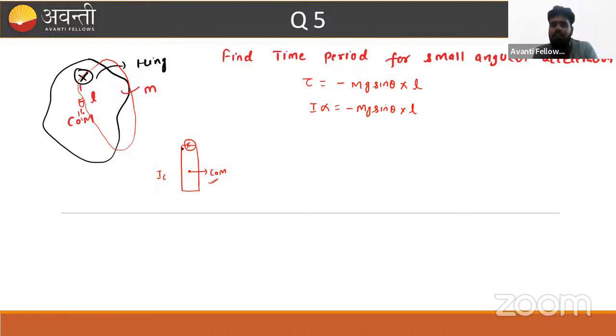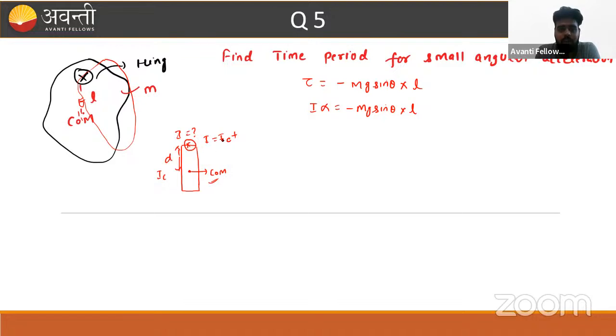Then how can we find out the moment of inertia about any other axis which is parallel to the center of mass axis? We have to apply the parallel axis theorem. So if we want to find the moment of inertia about this point, I can be written as I center of mass plus the distance between the center of mass and the axis about which we have to find the moment of inertia.